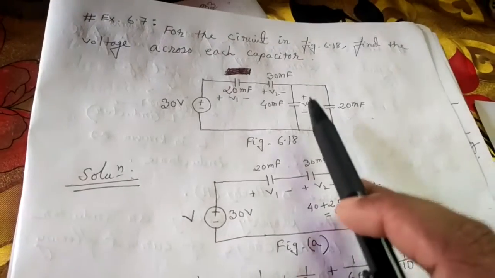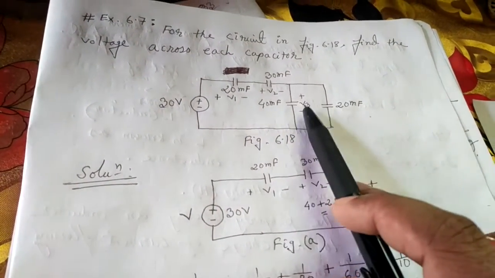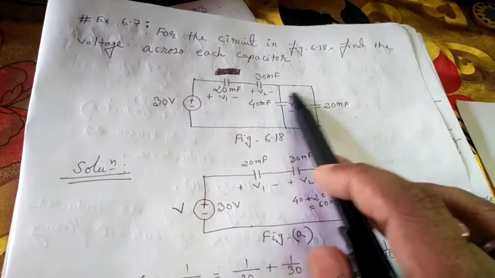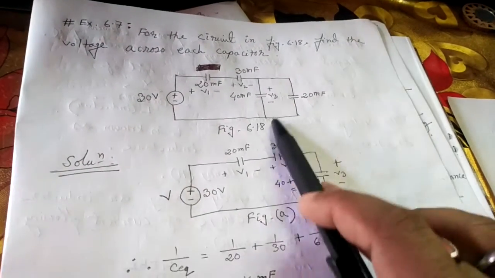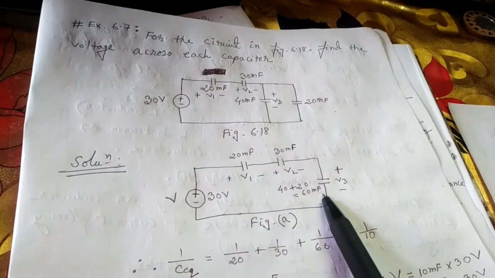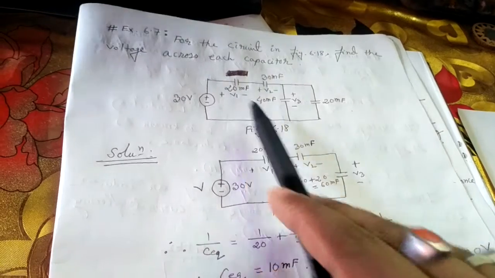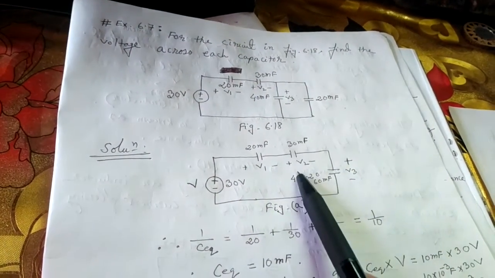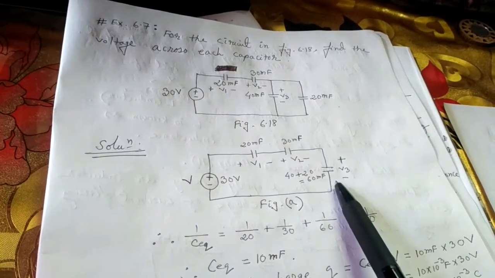Now if you add these two capacitors in parallel, 40 millifarad and 20 millifarad, they must be added because they are connected in parallel. So the two capacitors are added, giving 60 millifarad. Now the voltage across this capacitor is V1, across this 30 millifarad capacitor is V2, and across this equivalent is V3.